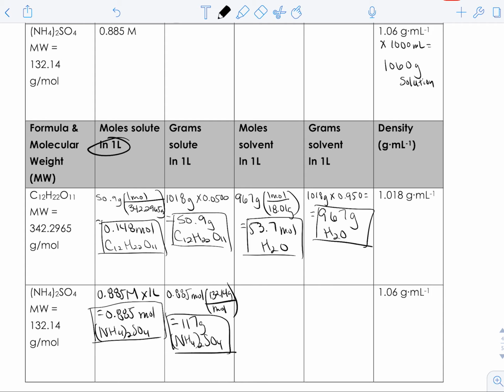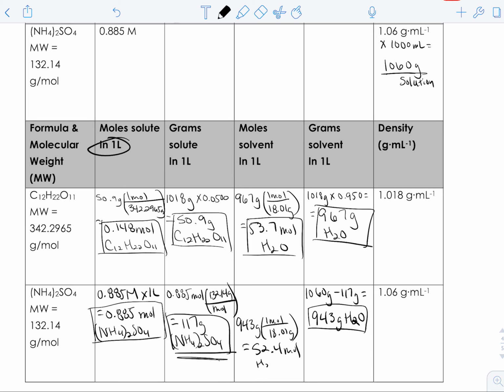Now, we have our mass of our solution up here, and we have our mass of our solute, so we can get our mass of our solvent. 1060 grams minus 117 grams gives us 943 grams of water. And then from that 943, we can convert into moles using the molar mass of water. Giving us 52.4 moles of water.